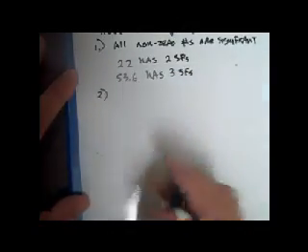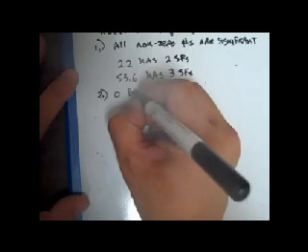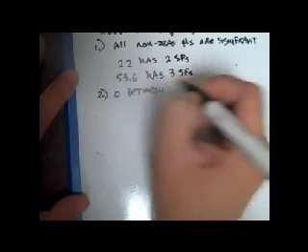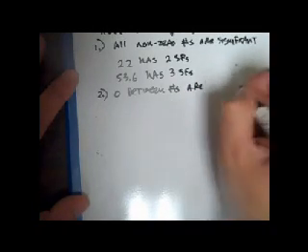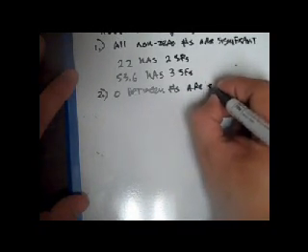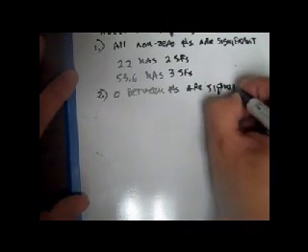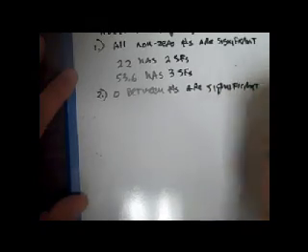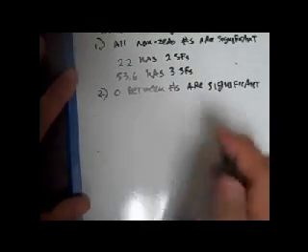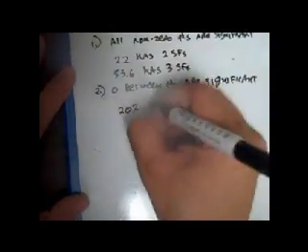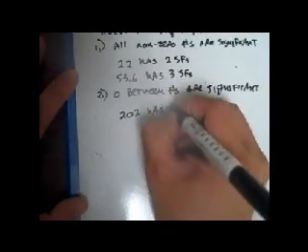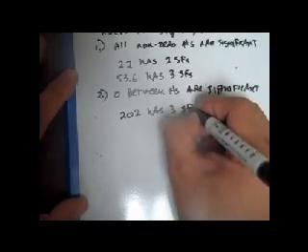Okay. Second rule: the zeros between numbers are significant. Okay, so the number 202 has 3 sig figs.